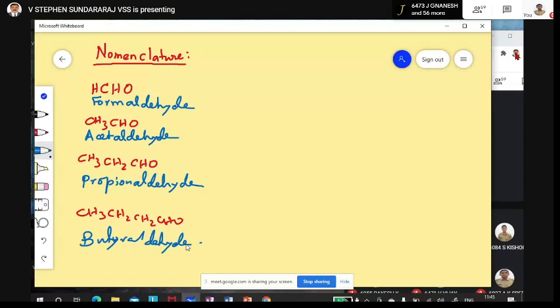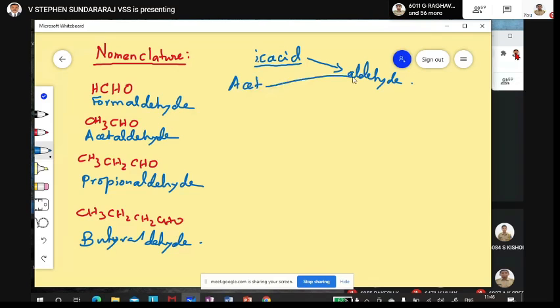So in the common system, what happened: formic acid, acetic acid, propionic acid, butyric acid, the acid is replaced by aldehyde. In the common system it is acetic acid, but now you say acetaldehyde.